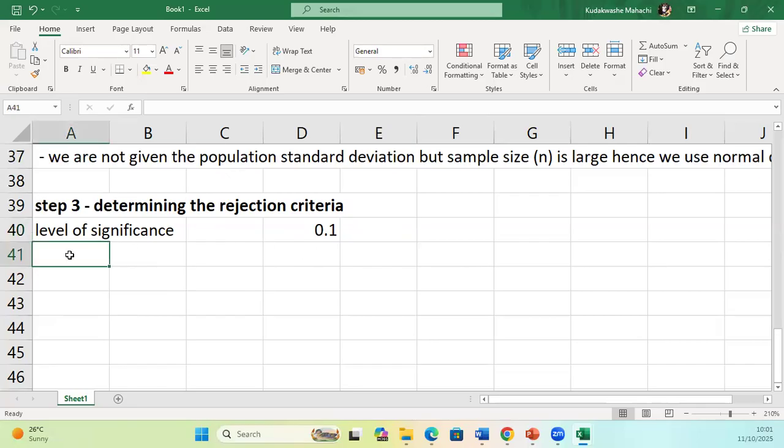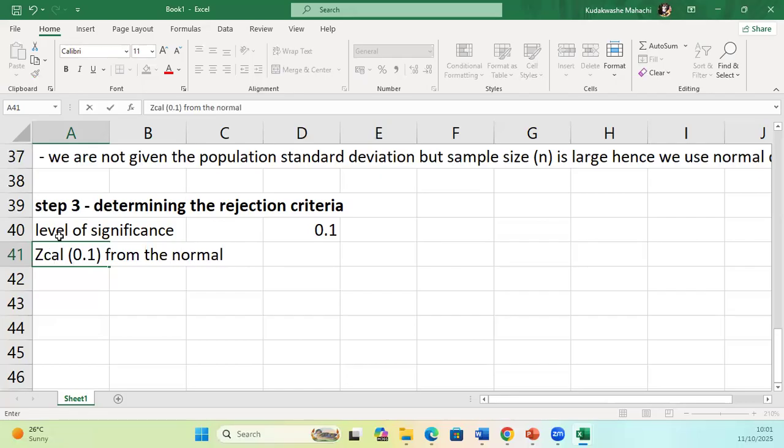Then the critical value. After you have the level of significance, 0.1, and we know this distribution is normal, you go to Z alpha, Z 0.1, from the normal distribution tables.